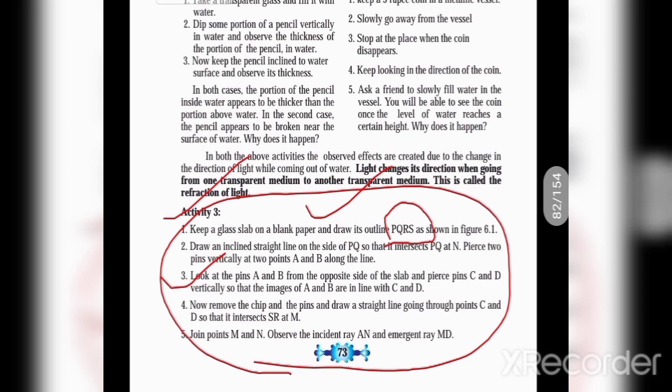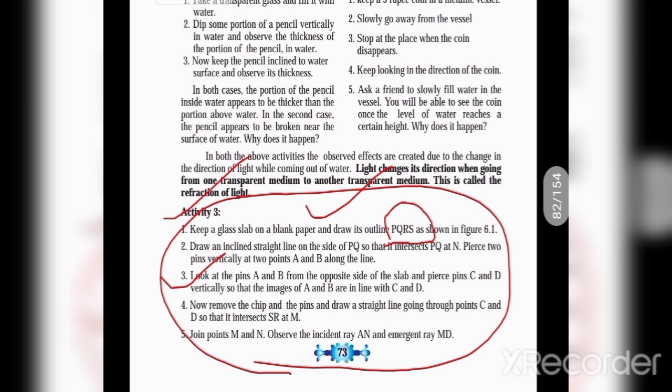Look at pins A and B from the opposite side of the slab and fix pins C and D vertically so that the images of A and B are in line with C and D. Now remove the slab and pins, and draw a straight line through points C and D so that it intersects SR at M. Join points M and N. Observe the incident ray AN and emergent ray MD.